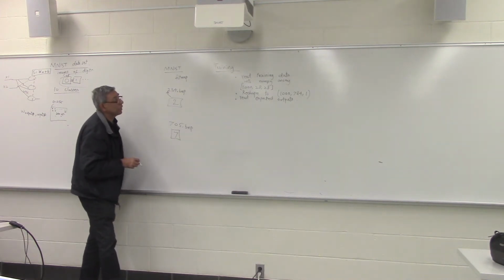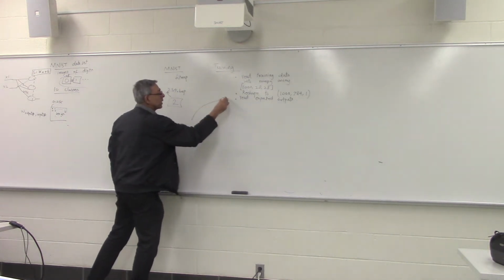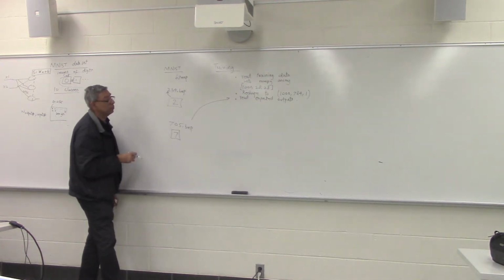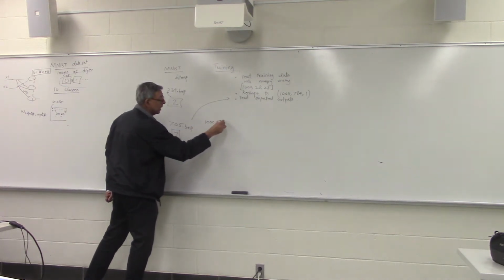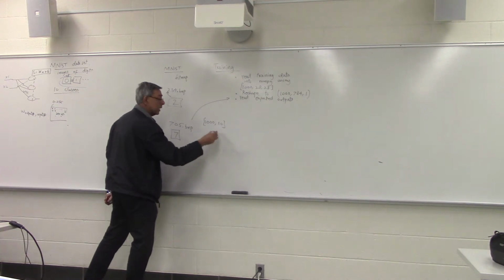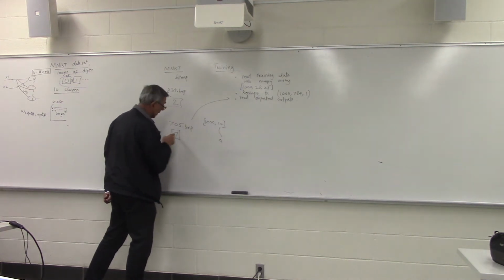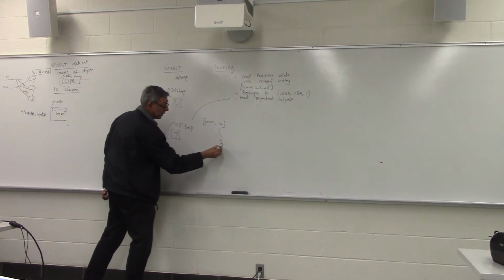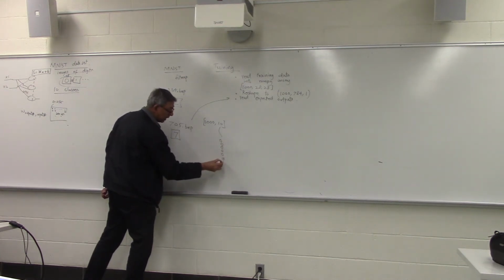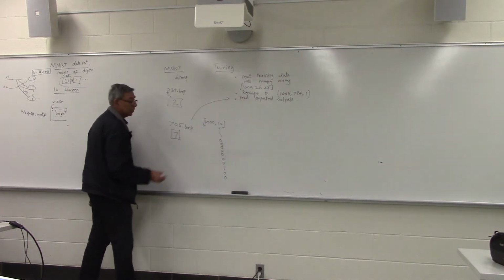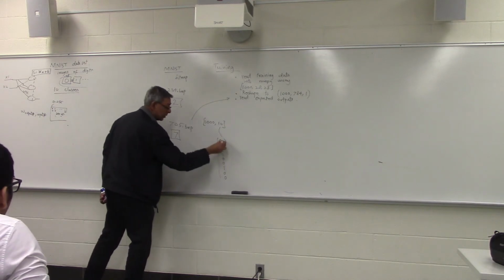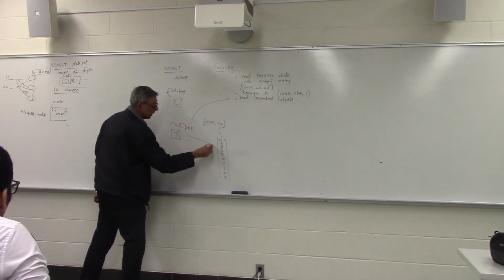So in our case, as we read the expected output, we want to create an array like 1000 by 10, such that in the case of this file, 0, 0, 1, 2, 3, 4, 5, 6, 7 will be 1, 8, 9 will be 0. So we want this data to be stored if we read this particular file.